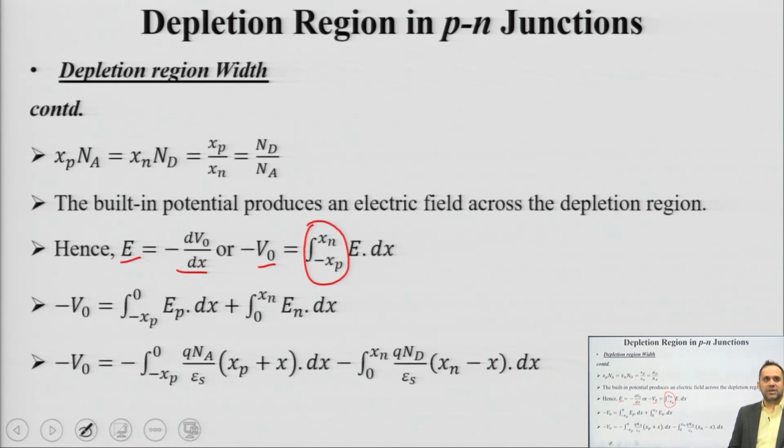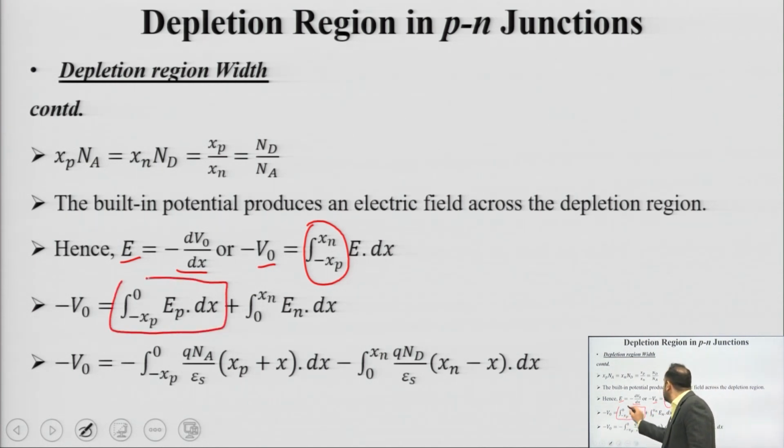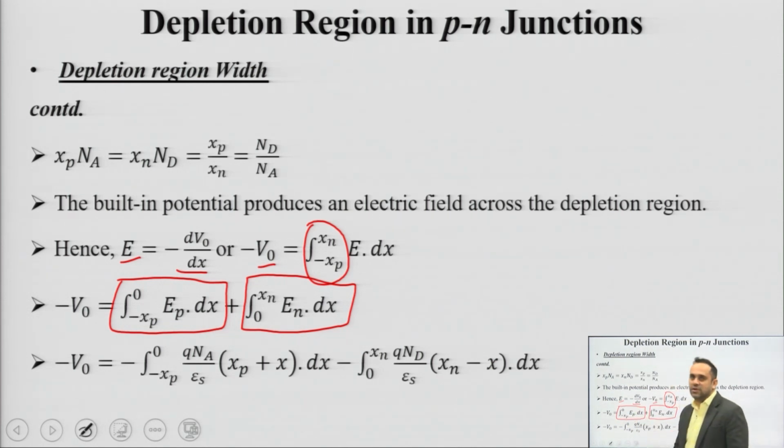This is your built in potential. We know that the electric field is on the p side as well as the n side of the depletion region. So, you split this integral into two parts. This is the p side and this is the n side: from minus xp to 0 is the p side, from 0 to xn is the n side.